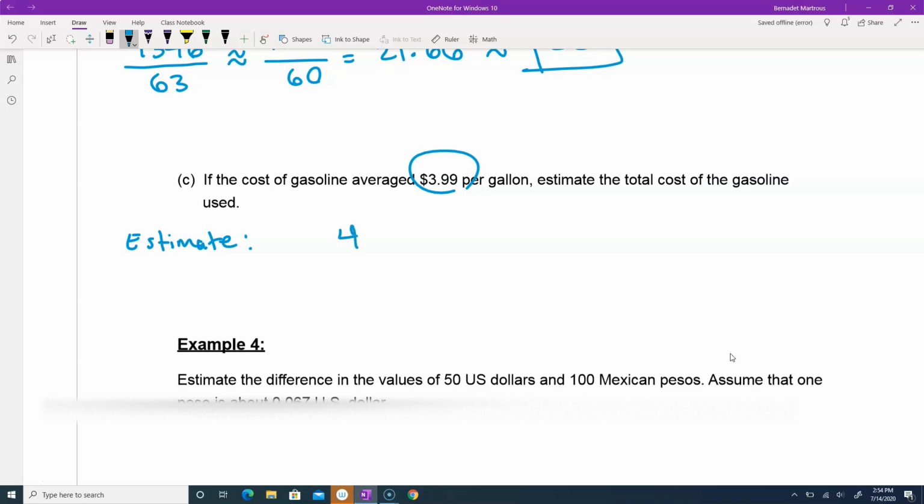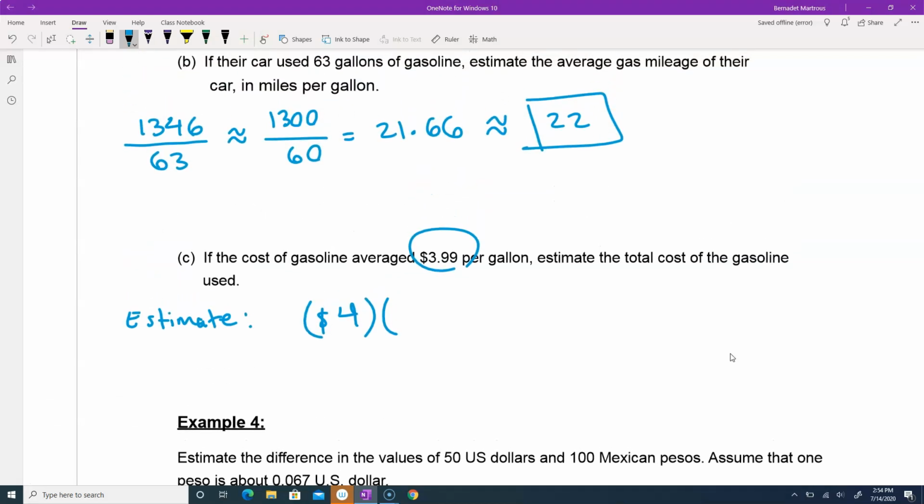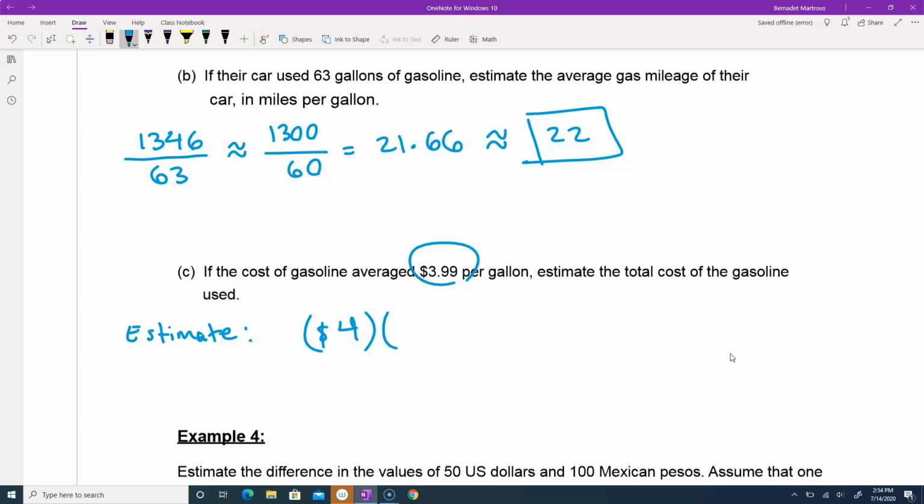We have $4 multiplied by 63 gallons, and again, using exactly the same as I did in part B, I rounded to the nearest 10 or used front end rounding. So that is equal to $240.